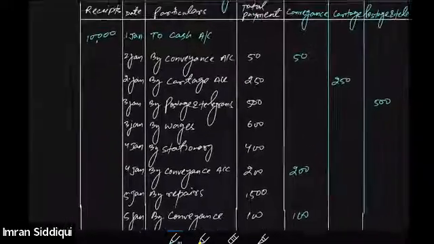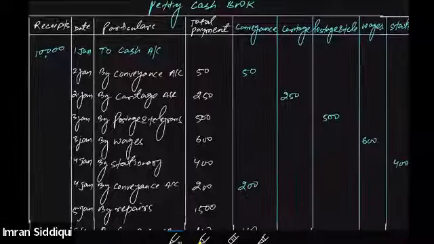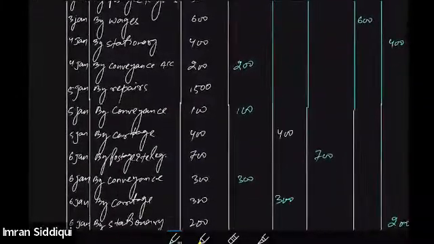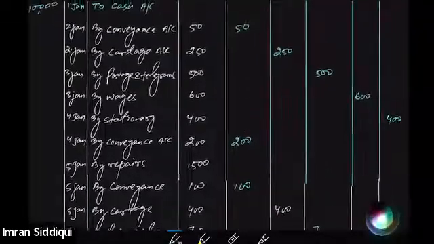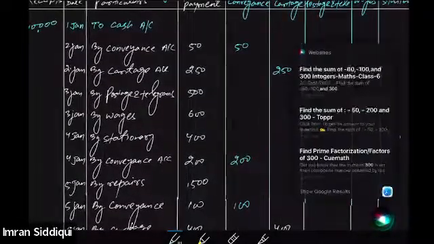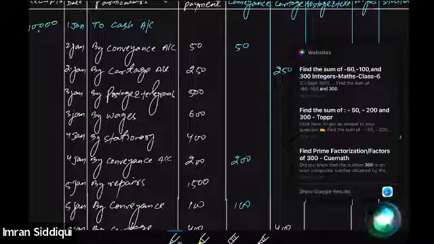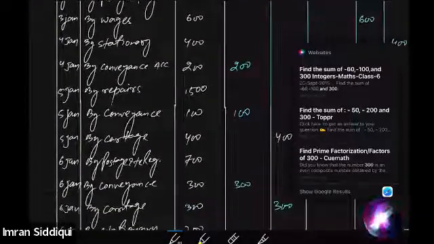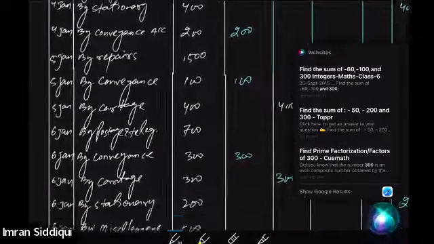Totaling the payment column values will be 50, 250, 500, 600, 400, plus 200, plus 1500, 100, 700, and 300. We have to add all these. So add 50 plus 250 plus 500 plus 600 plus 400 plus 200 plus 1500, 100, all these values.